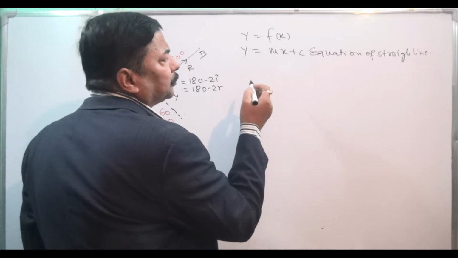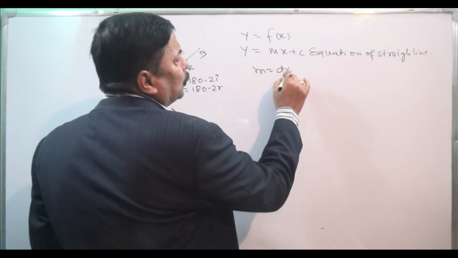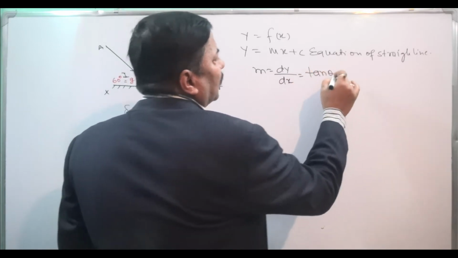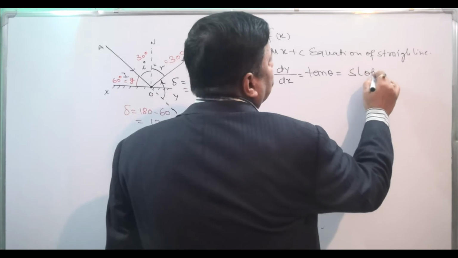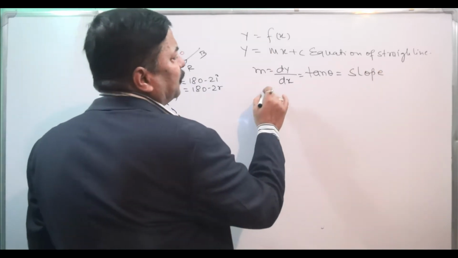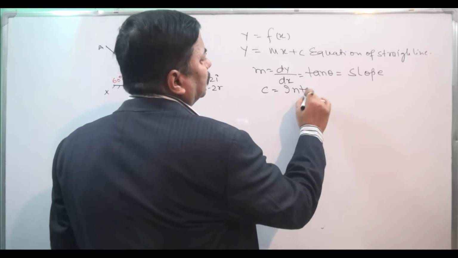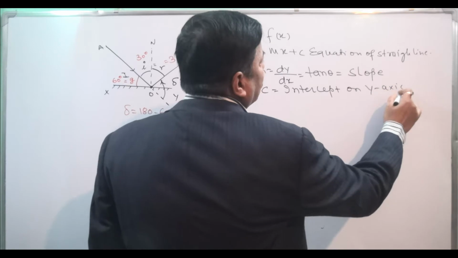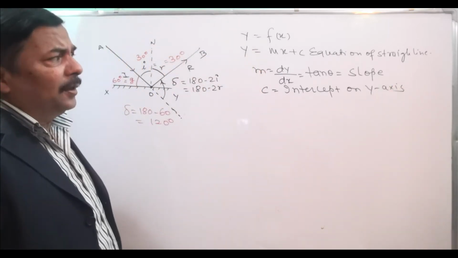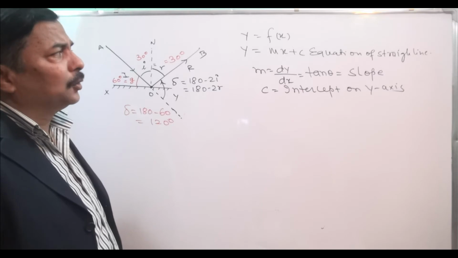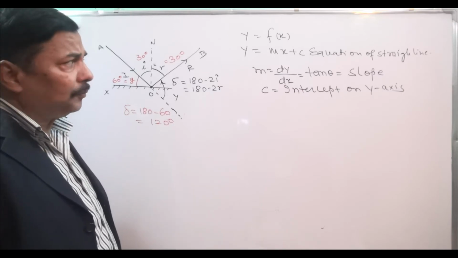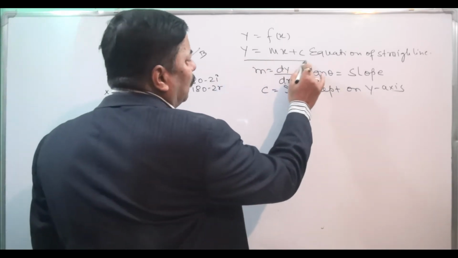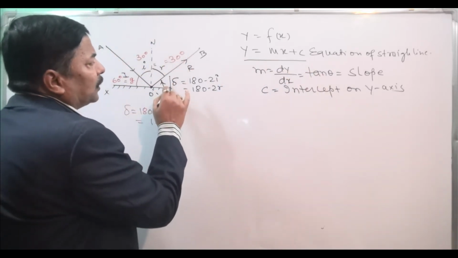Here m is equal to dy by dx, that is tan theta, that is your slope, and c is the intercept on the y-axis. This thing you should know from your knowledge of mathematics, that this is the equation of a straight line. Now compare this equation with the equation that I am writing here.